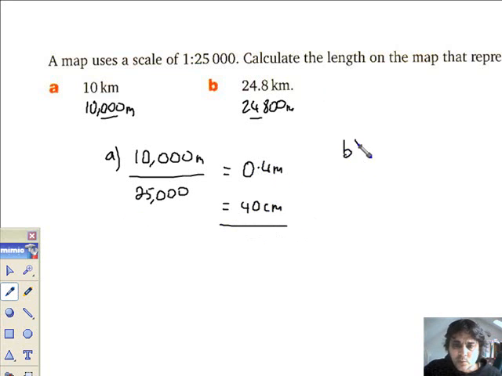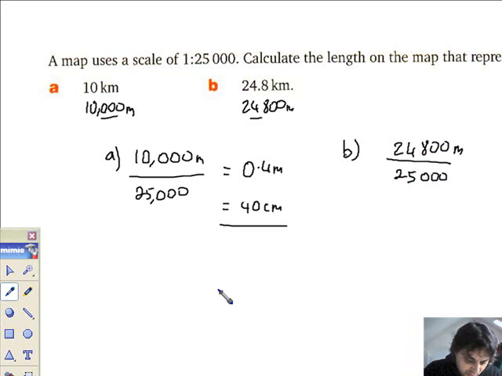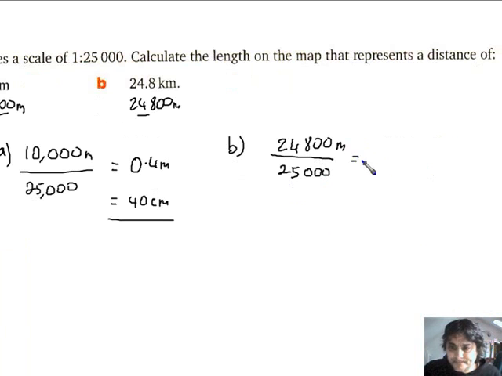We'll do the same with this one here. We're going to take our 24,800 meters and divide by 25,000. Well, that's the scale. So 24,800 divided by 25,000. Bam. I've got here 0.992 meters.